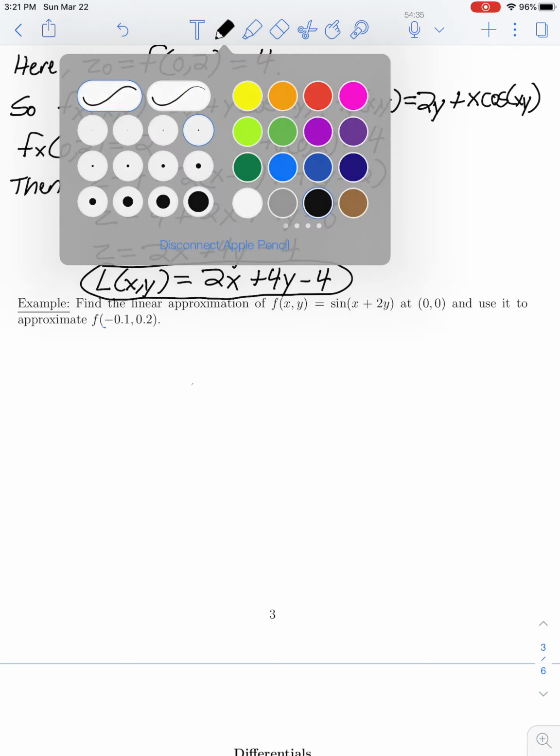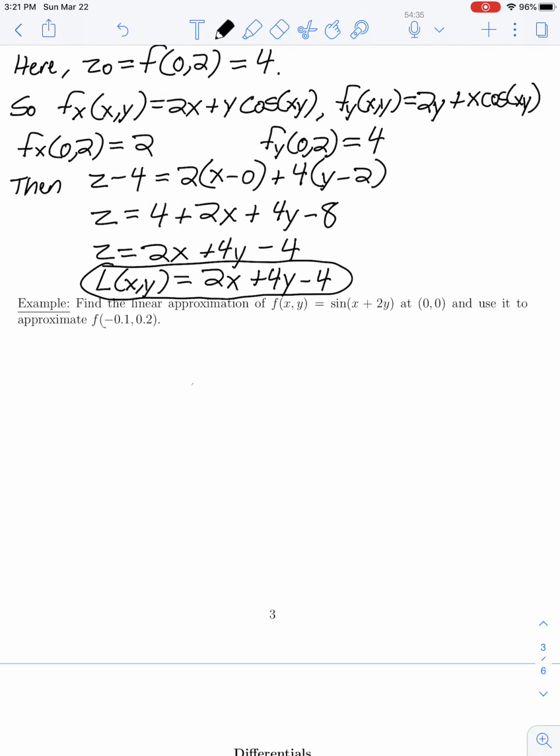So in the first part of this problem, as with our previous example, we need to start by finding our z naught coordinate. So here, z naught is given by the value of our function f at the point x naught, y naught, which we were given as 0, 0. And we find that this z naught coordinate is sine of 0, or 0.